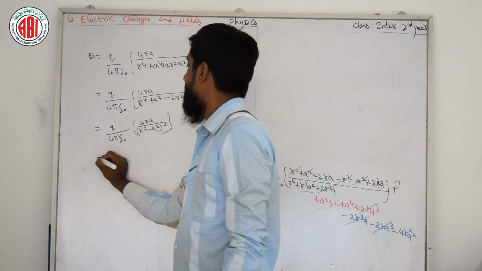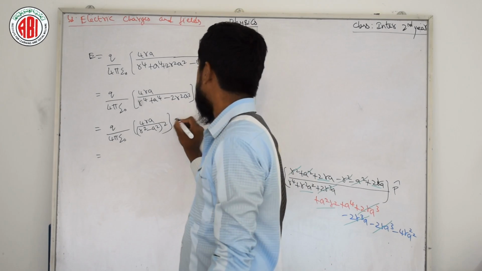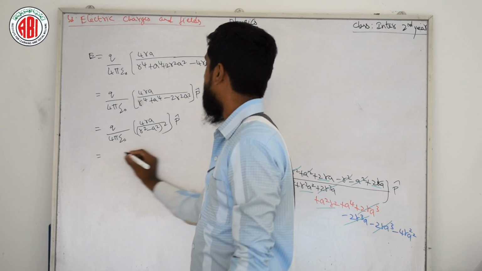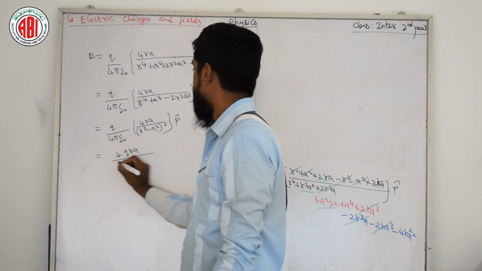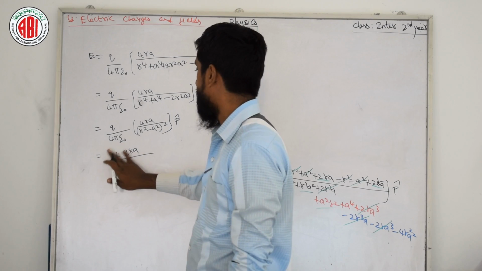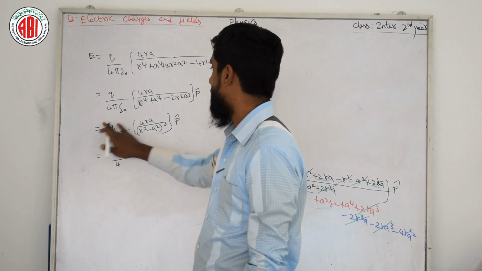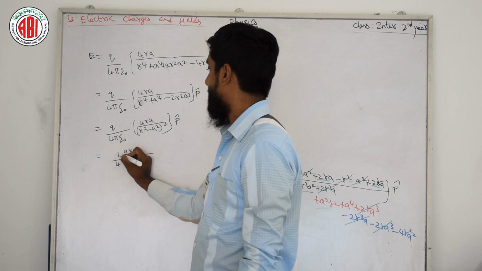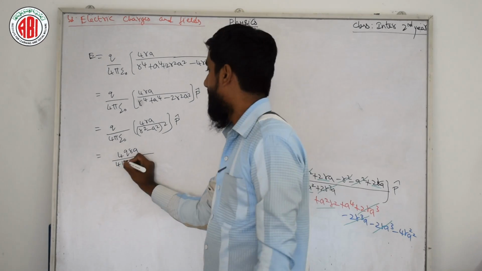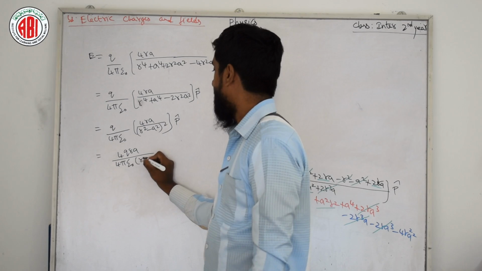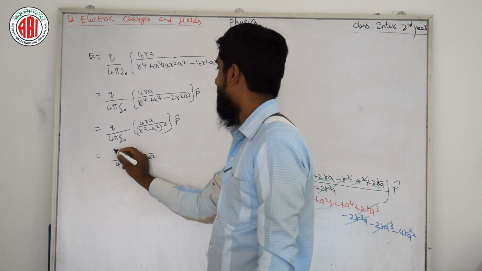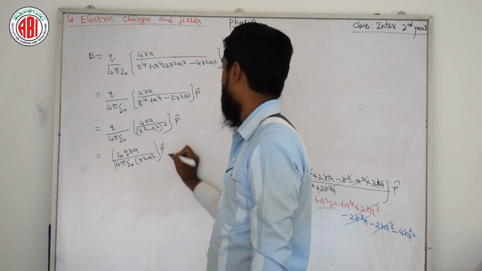I am going to write one more step, and I am clubbing this: 4Q R A by, not 4 in numerator, only we have Q, 4 also, 4Q R A by 4 pi epsilon naught, R square minus A square whole square, and this is P cap.